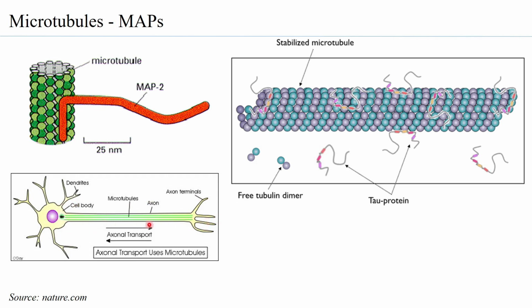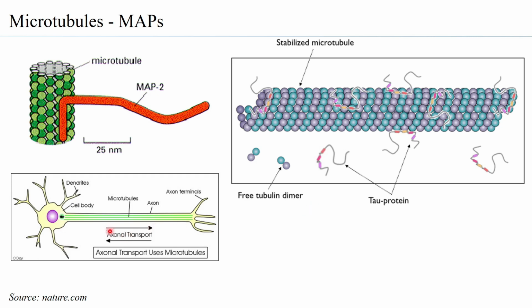Axonal transport has to keep happening for the neuron to function properly, and why is that required? It is required because you need to transmit a signal from one neuron to another neuron. Whatever neurotransmitters are released over here have to bind to the next neuron, and that next neuron has to transfer it to the next neuron, and so on. So axonal transport is extremely important.